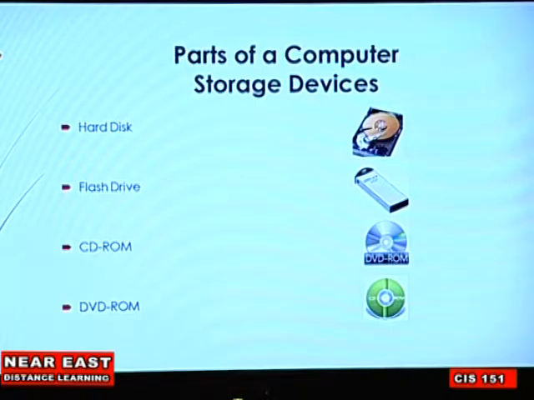The second one is a flash drive. Everyone is familiar with a flash drive. It's a USB flash memory. You can buy it, and actually, it's not that expensive. It depends on how many gigabytes you are going to buy.